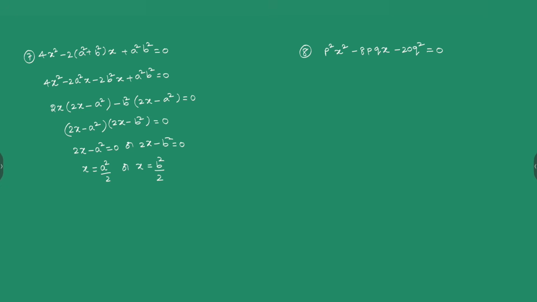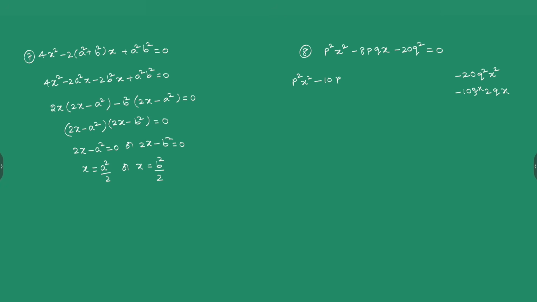Now let's see this one. Here 20 factors we have to take, minus 20 q square x square. 20 factors are minus 10 into plus 2, minus 10 qx plus 2qx. So we have to split it as p square x square minus 10pqx, minus 10pqx.